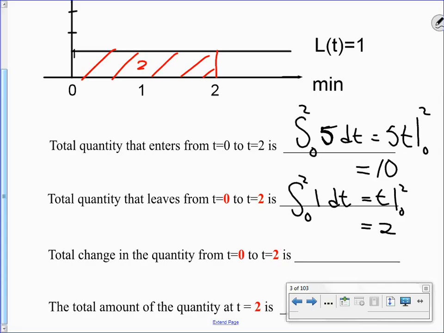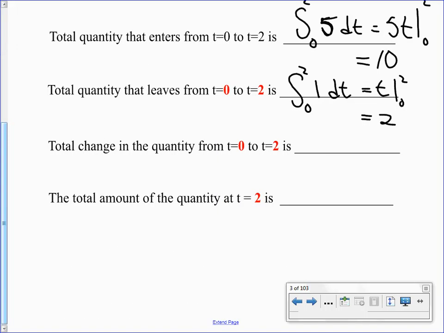So we know over the first 2 minutes, a total of 10 cubic inches of water enter this bucket, and a total of 2 cubic inches of water leave this bucket. Now suppose I want to know the total change in the amount of water from time 0 to 2.